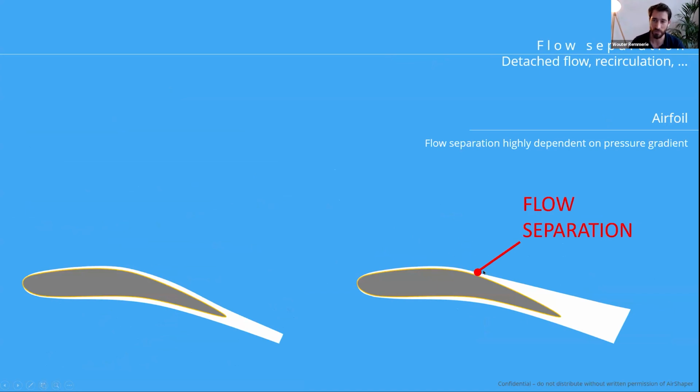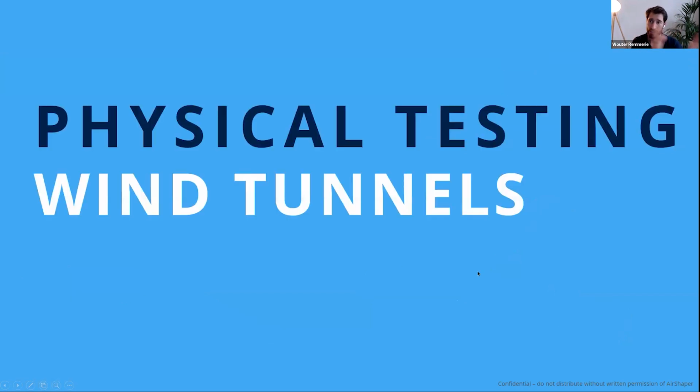This is what we call flow separation: the point where the surface and the flow, the boundary layer, separate. Just below this flow line and the surface, you have an area where the flow is recirculating. Just a few basic concepts on flow aspects in general.